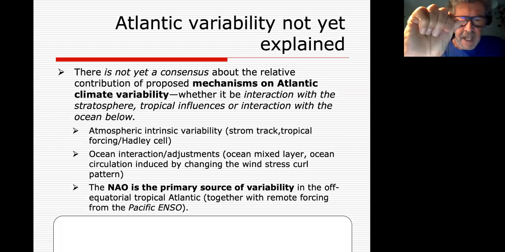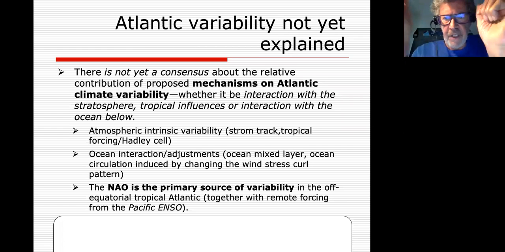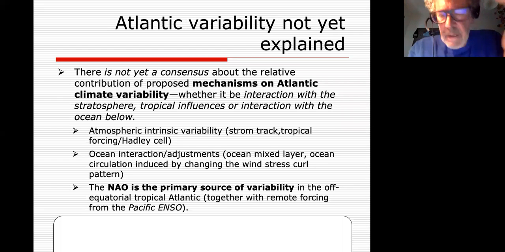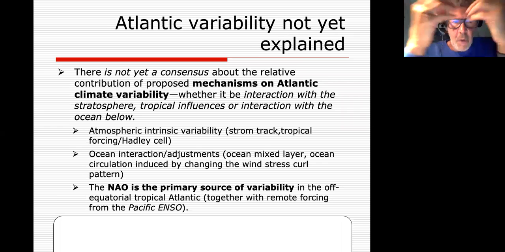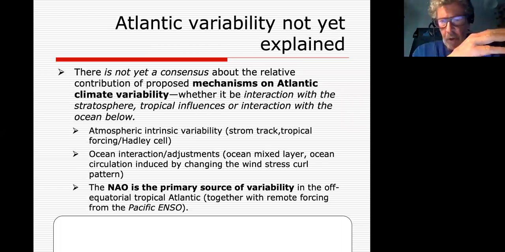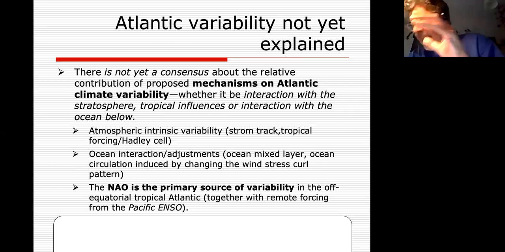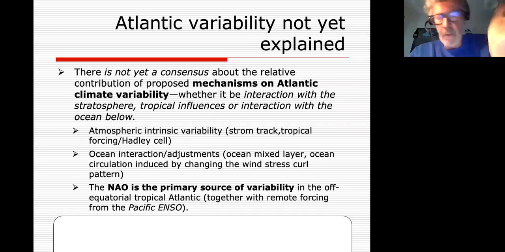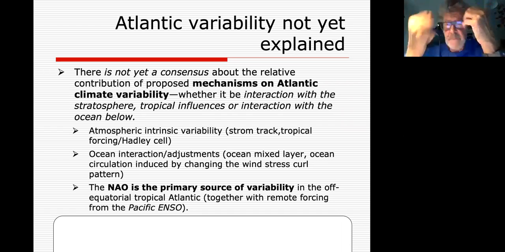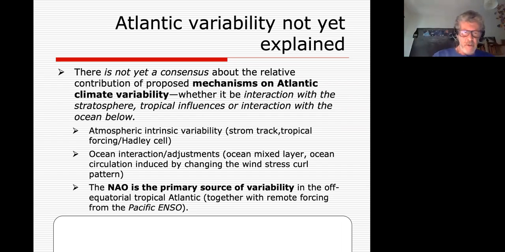Interaction with atmosphere, stratosphere, tropical influences, or interaction with ocean. Which is the role of atmospheric intrinsic variability due to the storm track, tropical forcing? The NAO index is quite an important one.